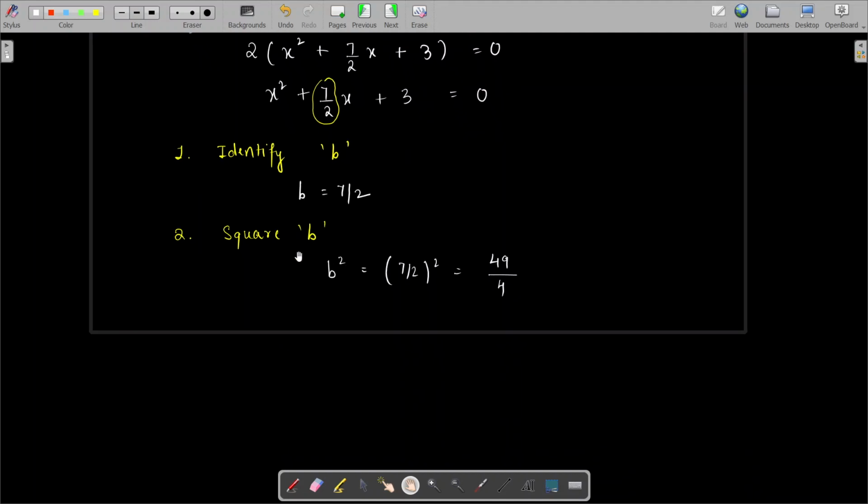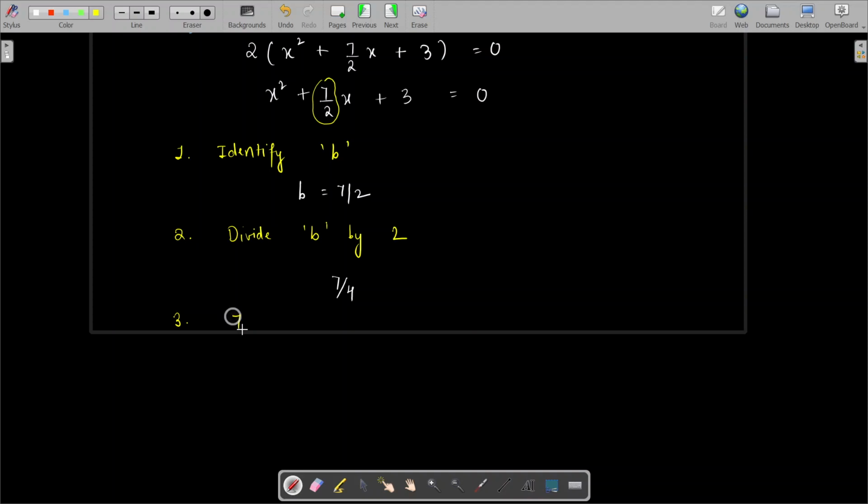I'm sorry, that's not the second step. That's going to be the third step. The second step is you divide the b value by 2. Divide b by 2, so you get 7 over 4. Third step is find the square of what you got in the second step.